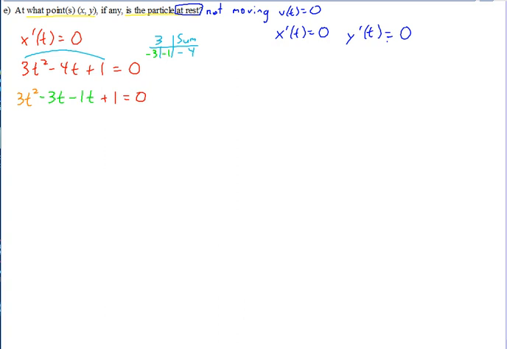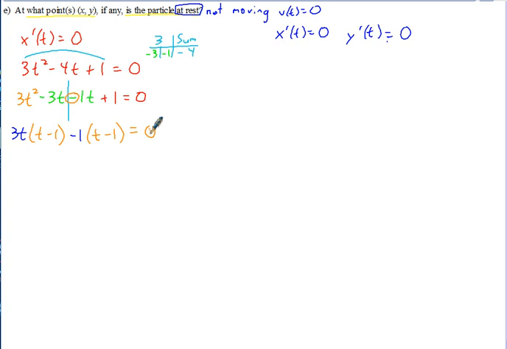And then remember you split it in half. 4 terms. GCF of the first 2 terms would be 3t, and that would leave you with t minus 1. GCF of the last 2 terms, since this is negative, would have to be a negative 1. And when you take out the negative 1, notice that changes this to a positive t and a negative 1, so that does match up as t minus 1.